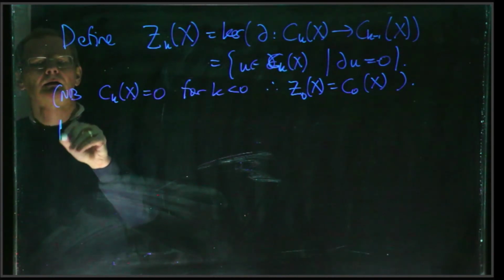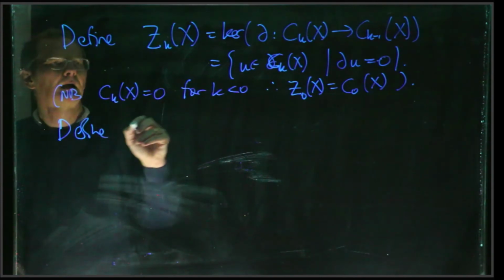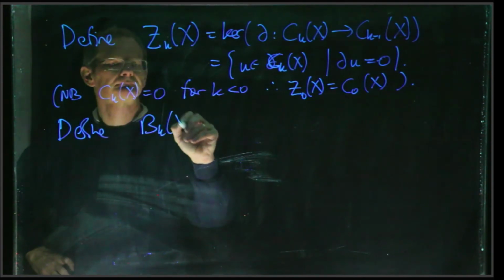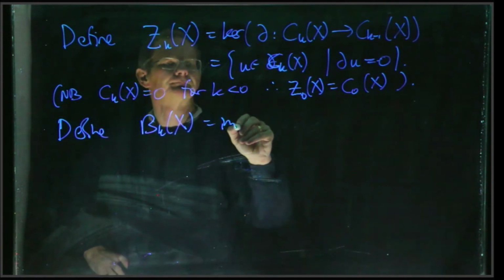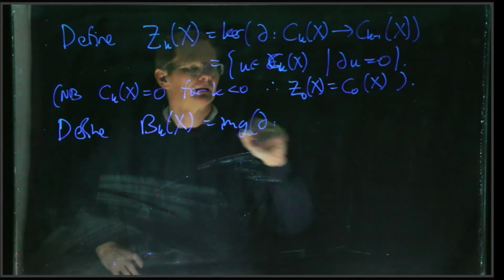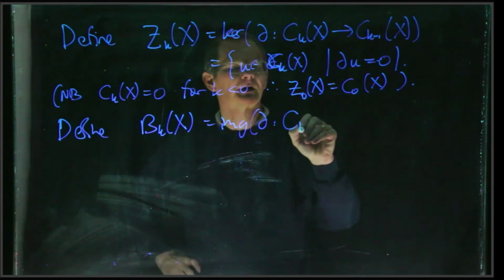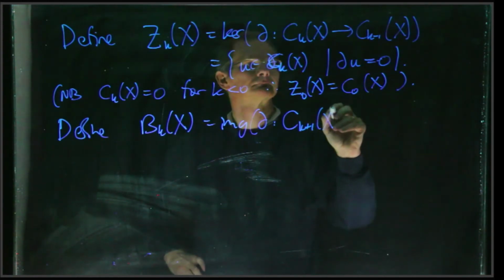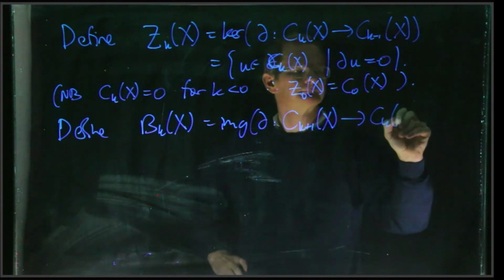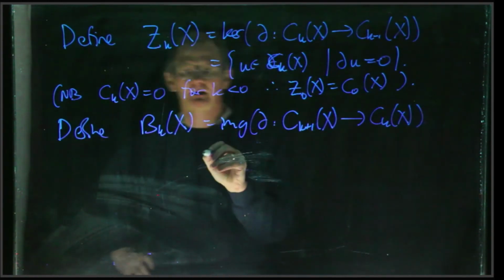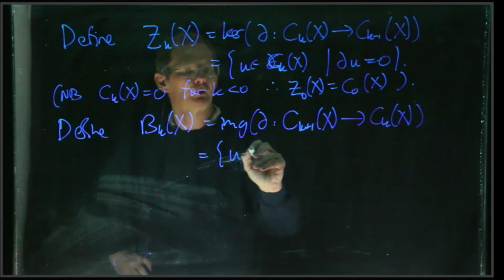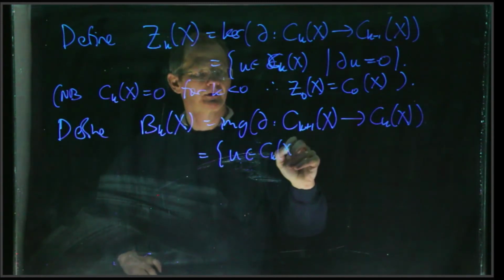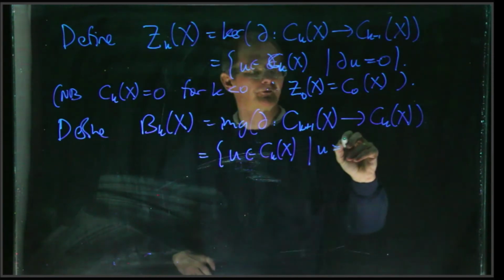And then we define B_k(X) to be the image of d going from C_(k+1)(X) to C_k(X). So this is the set of those u in C_k(X) such that u is dv for some v.